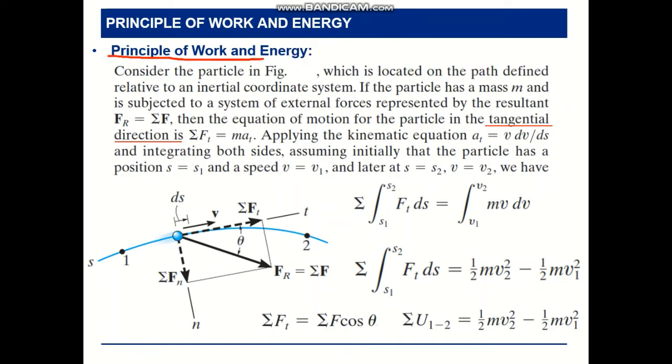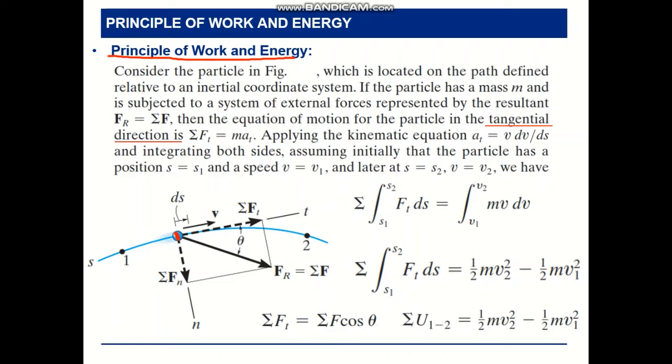The principle of work and energy. Let's do this in a schematic way. Let's say we have a particle on a curved path, and we have a resultant force acting in this direction.